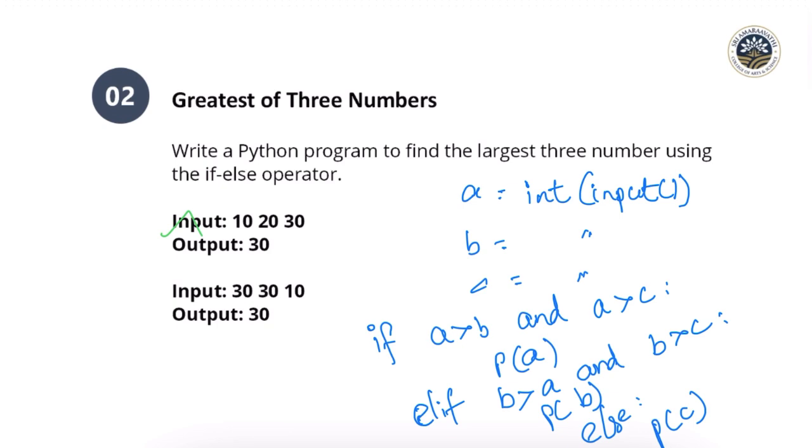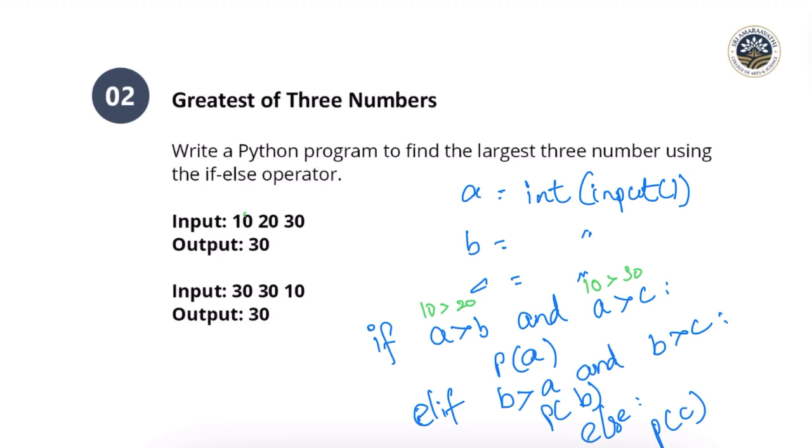If you look at it, you will understand. Here I have 10. Consider that 10 is greater than B, 20, and 10 is greater than 30. This condition is definitely false.